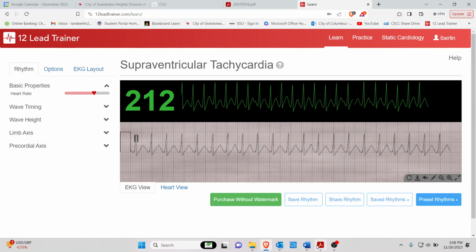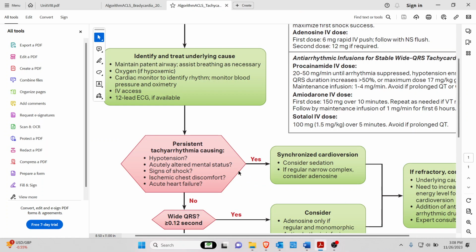And this person is symptomatic. This person's mild to moderately sick, as in they have one or more of these symptoms here. It doesn't matter wide or narrow. The first move is always electrical intervention with the possibility of sedation if they are not so sick that you think they could make it to wait for that.